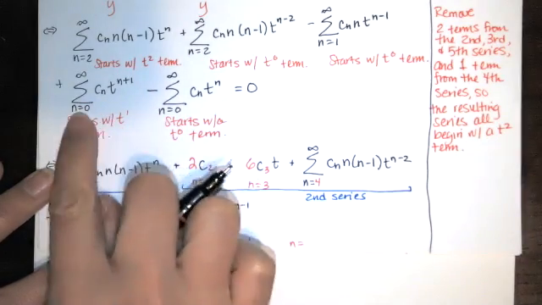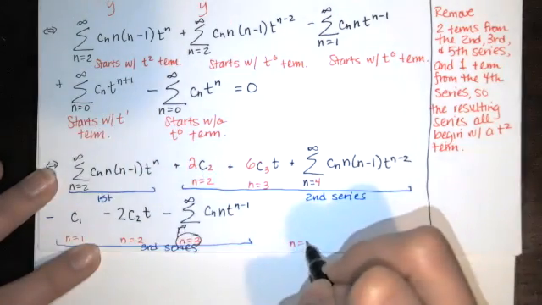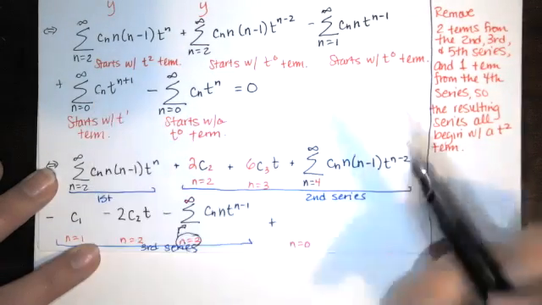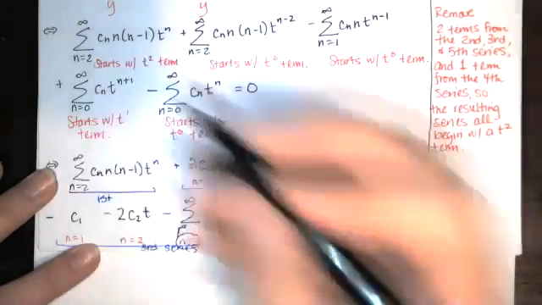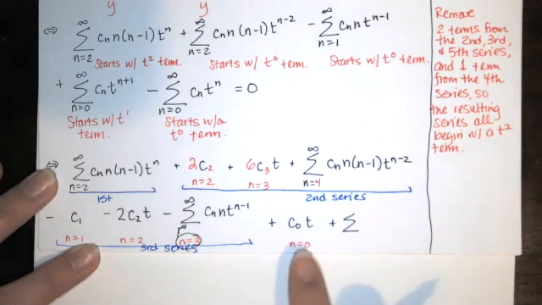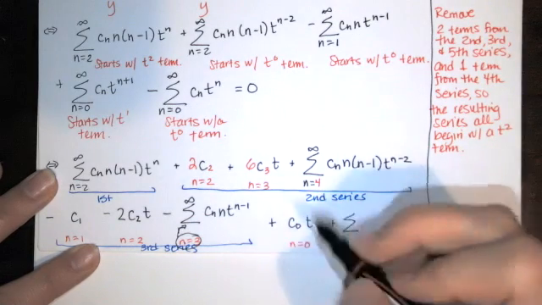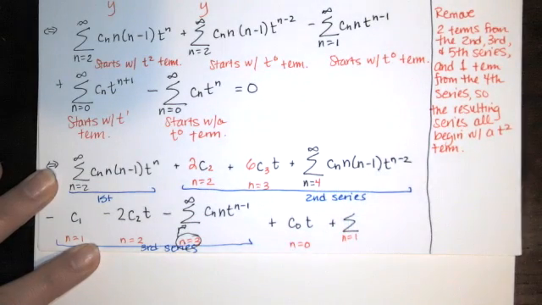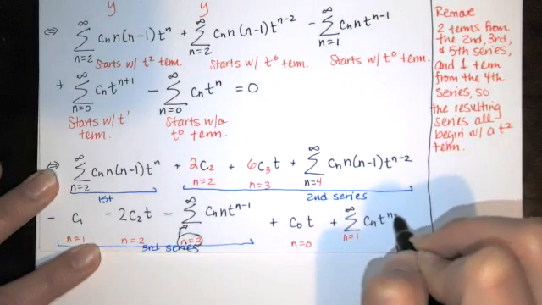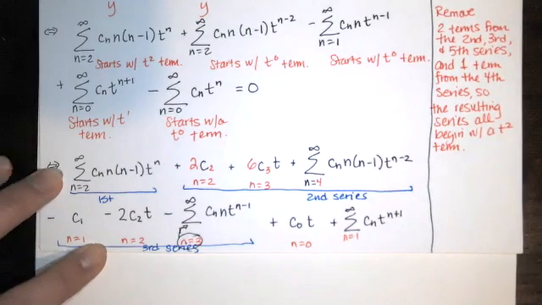And the t to the first term comes from letting n equal 0. So we're going to add c sub 0 times t to the first. And then we pick up where we left off. That's the n equals 0 term. The rest of the series starts with n equals 1. Oh, that's n plus 1.